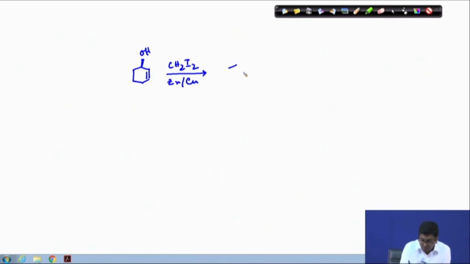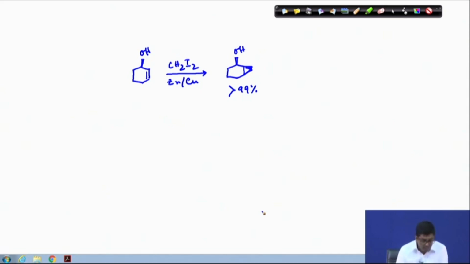So, this is a highly stereospecific reaction. The diastereomeric excess is more than 99%. This is a highly selective reaction. It is regioselective, and this particular diastereomer is forming.